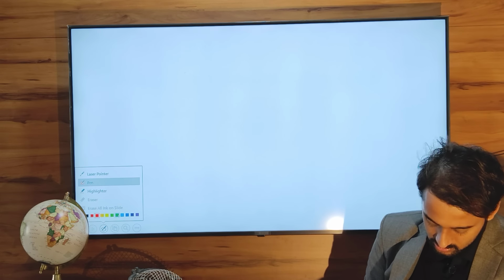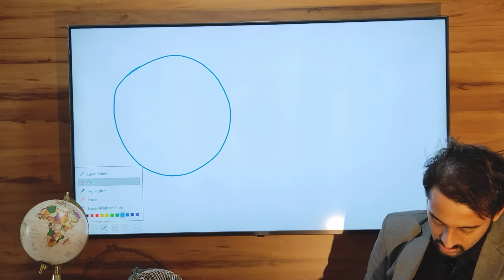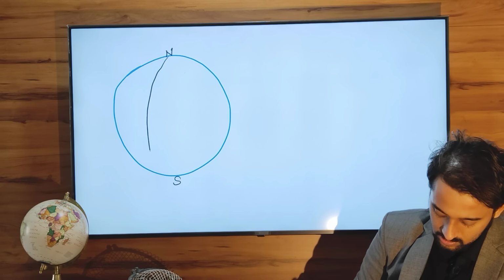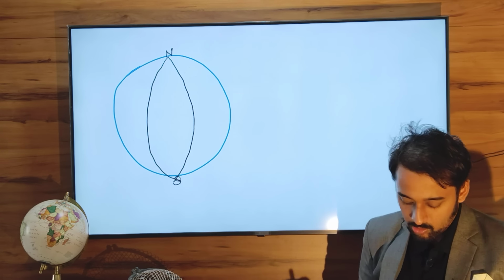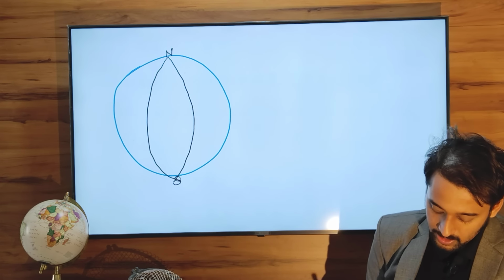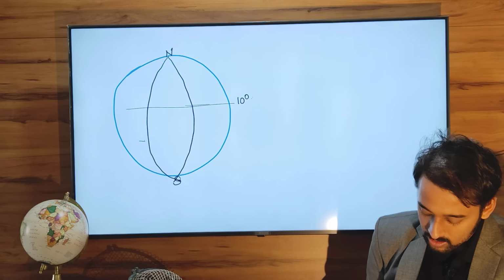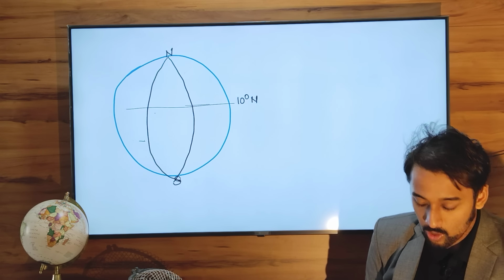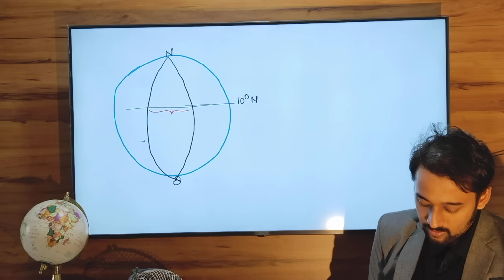If this is your earth, all your meridians converge at the north pole and south pole. So let's take one particular latitude, 10 degrees north. The difference between two longitudes here will be this much.